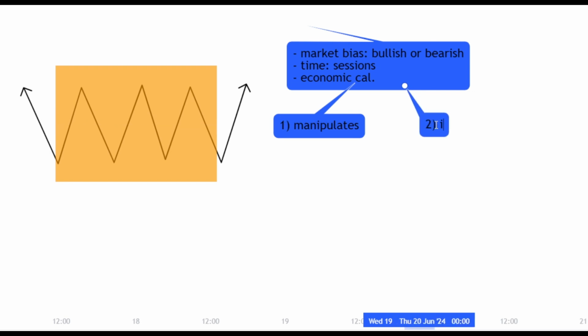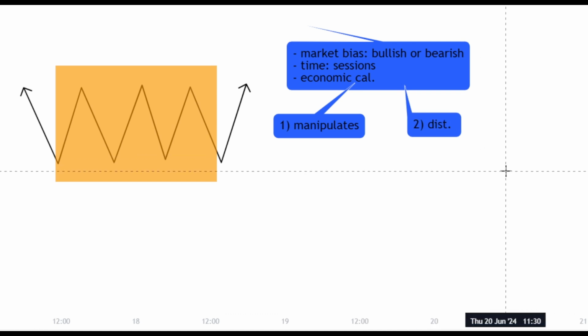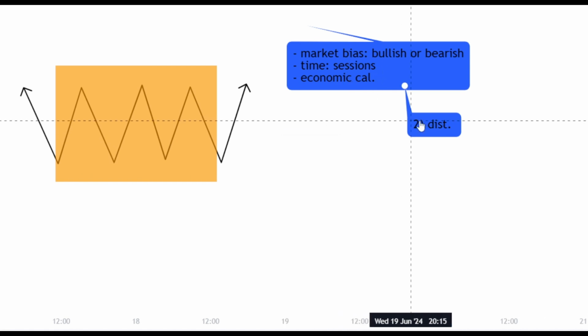It can accumulate and it can distribute. This is very important. When you have a news event at, let's say, 8:30 a.m. Eastern Standard Time, it's important to understand that we are likely to see a liquidity sweep there before we see a structural break. And this leads me nicely on to the next point.